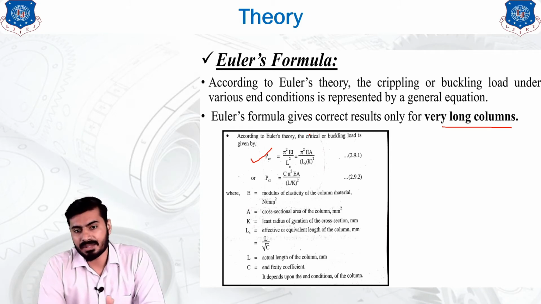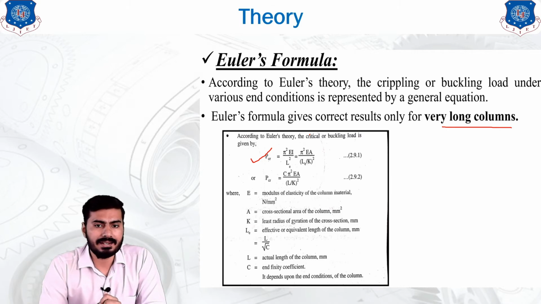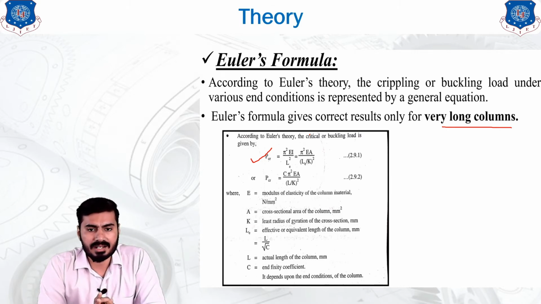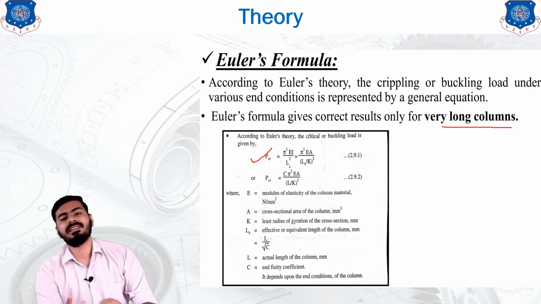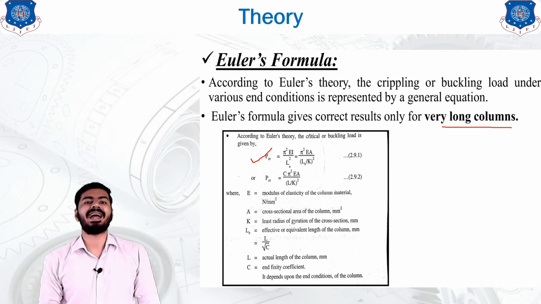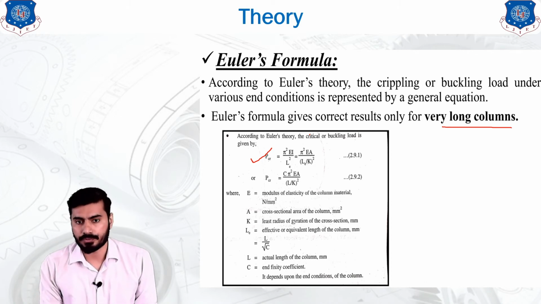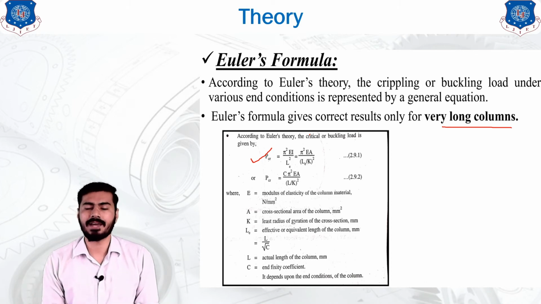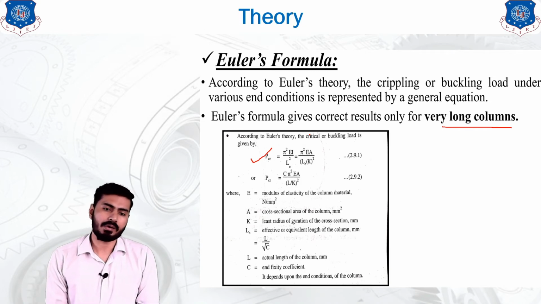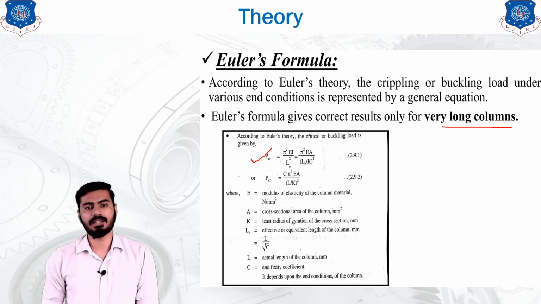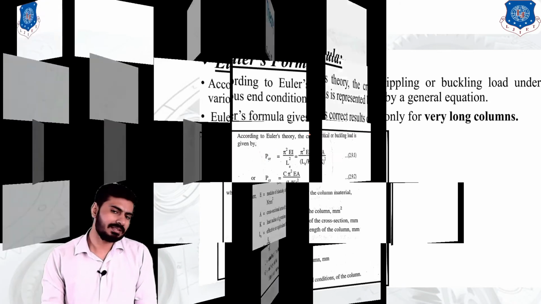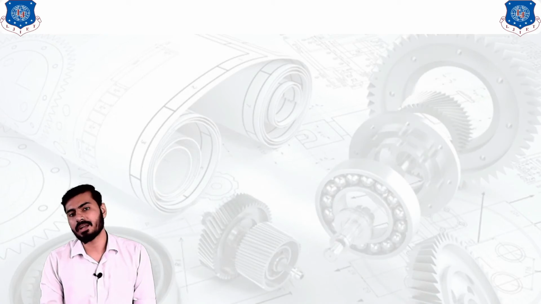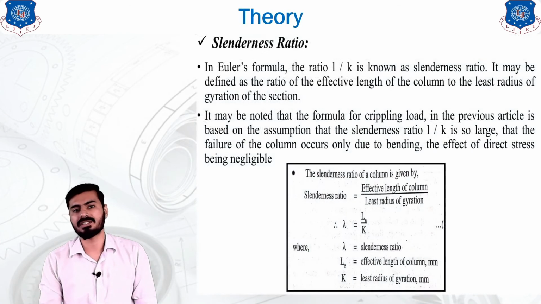Based on the simplification, you will have to identify the constant, C pi square E A upon L K square, because the effective length is only calculated using the end condition, and this is the C value, which is known as the end fixity coefficient. Now we have introduced each and every term in Euler's formula. We will utilize this formula in the design of the long column or the component which is assumed as a long column.